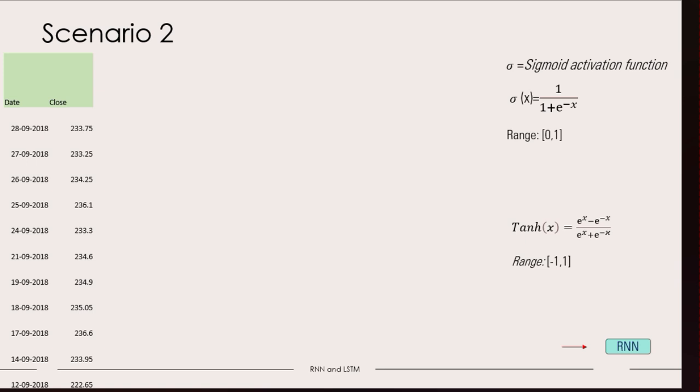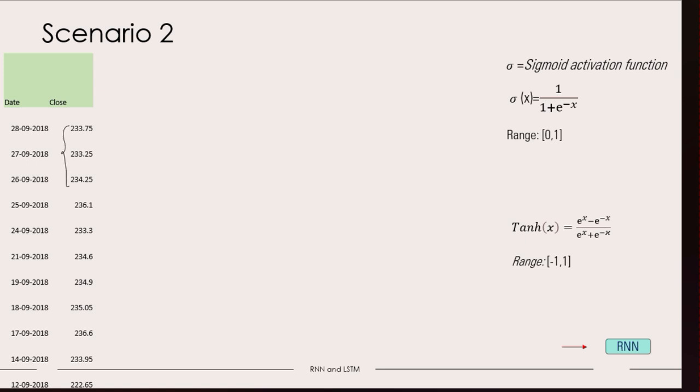Now what modification am I going to do in RNN? Suppose I want to make a prediction based on the last three data points. However, three is very few to be sufficient, but for the sake of explanation I am considering only three. So suppose I consider the top three data points for my analysis.